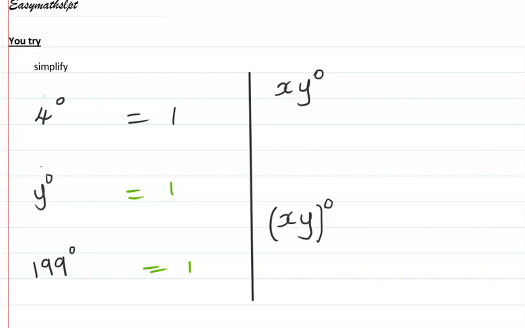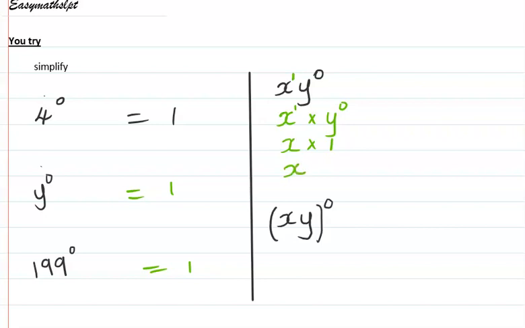Therefore, this power is 1. So I could say that this is x multiplied by y to the power of 0. And I know that if I see x by itself, then I know it has a power of 1. So x to the power of 1 is x, multiplied by y to the power of 0, which is 1. And x multiplied by 1 is x.